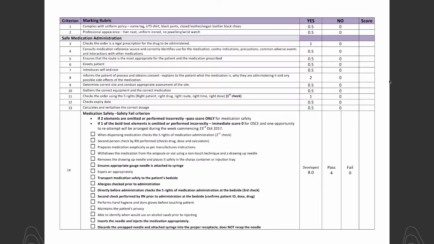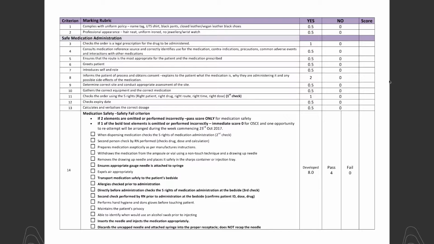Please do not worry if, for example, you introduce yourself to the patient before you've checked the legal prescription. The marker's not looking for ways to trick you or to not provide you with marks. So don't be worried if the order is a little bit different in this first section.